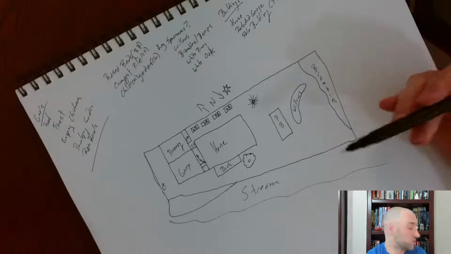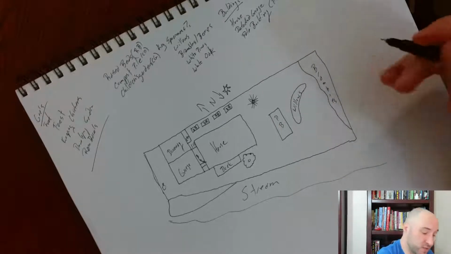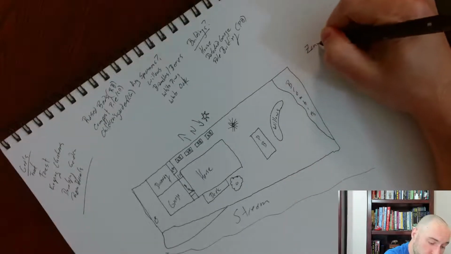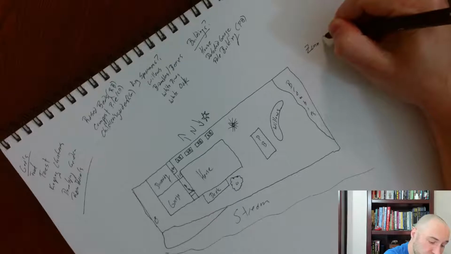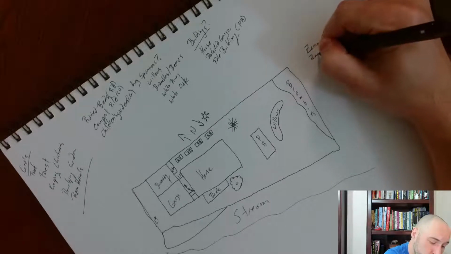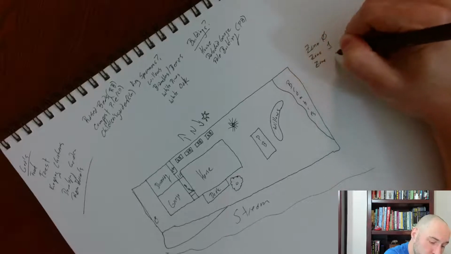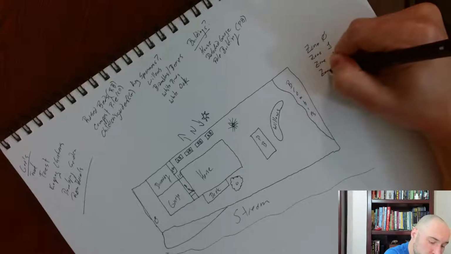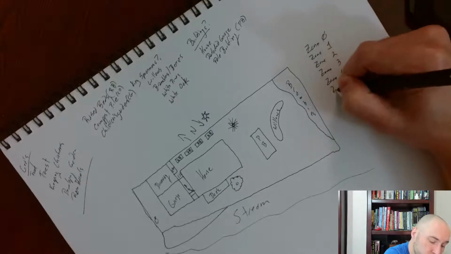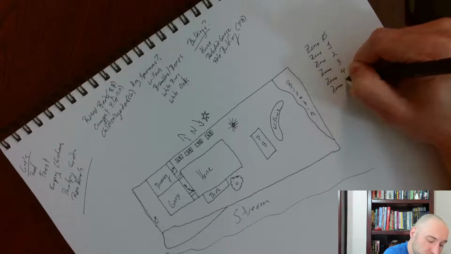And then, as I say, over time, we will build up on top of this base map. And so today, let me grab my colored pencils, and then what I will do is create another legend over here for my zone 0, 1, 3, zone 4, and zone 5.